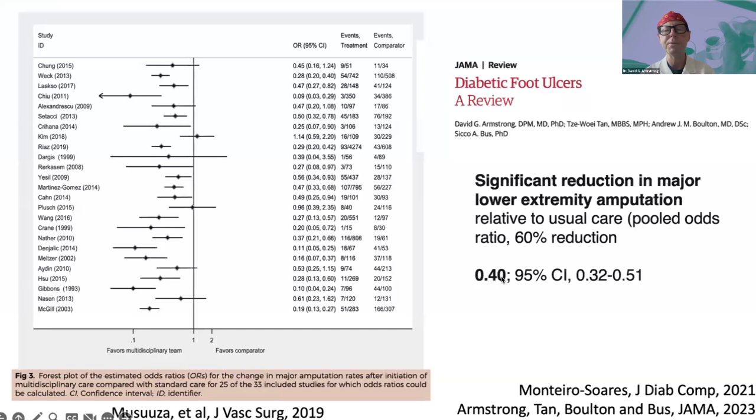If you look at a recent paper that I did with Professor Buss, but also with Professor Bolton and my vascular surgery partner, Ziwei Tan, you see a 60% relative risk reduction if we look across studies in the literature in any way you put these teams together. So in any way you do it, you're making a difference.